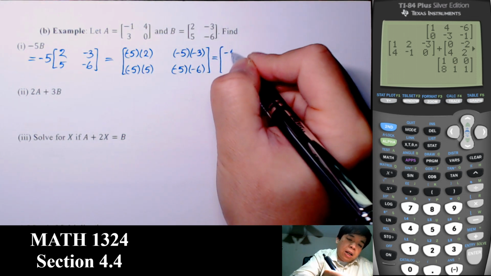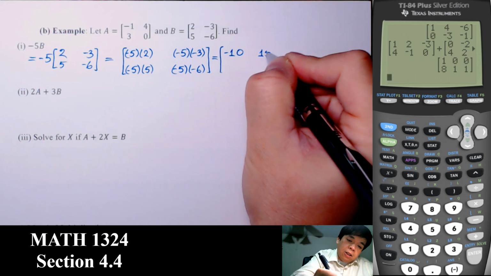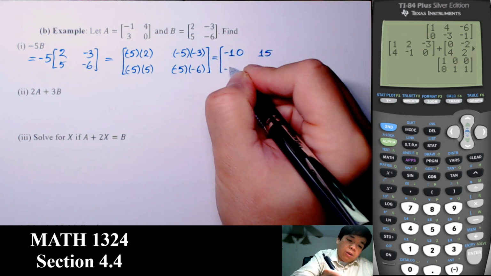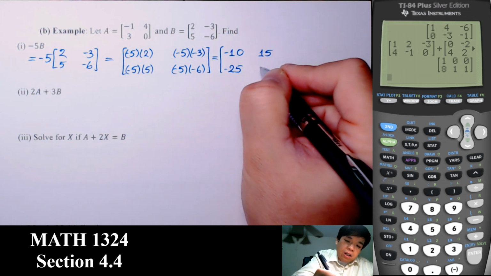That gives us negative 10, 15, negative 25, and 30.